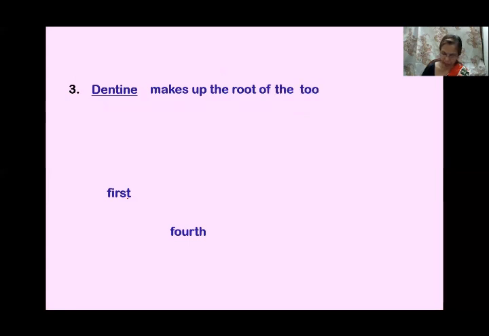dentine makes up the root of the tooth which is anchored to the jawbone. Now, just think, where does dentine lie? It is a part of the tooth which lies below the enamel.